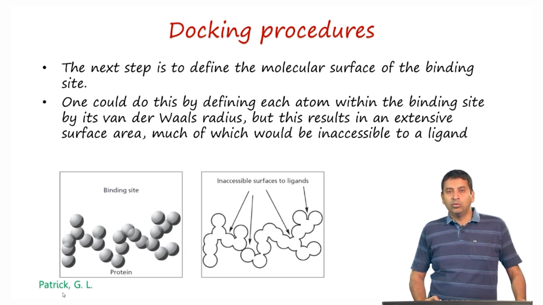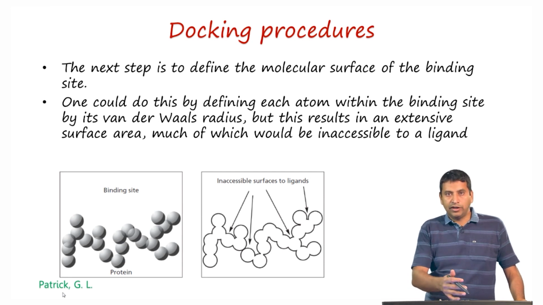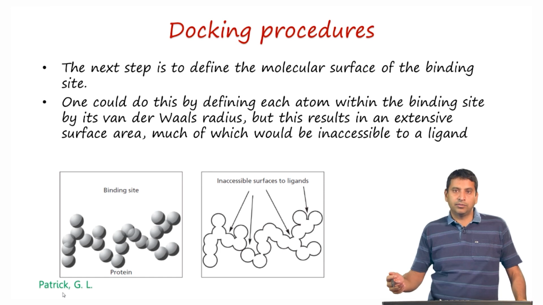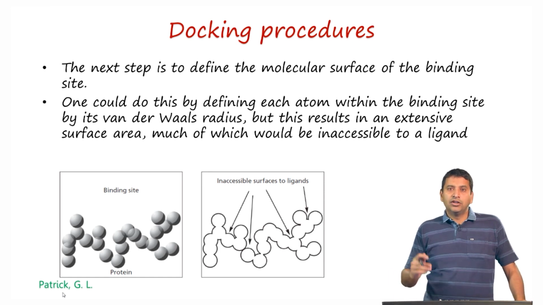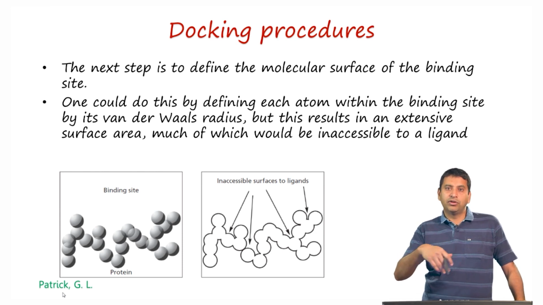Now, what we can do is to define the molecular surface of the binding site. We can do this by defining the surface of the various side chains that are involved in the protein. Each atom has a van der Waals radius, and this van der Waals radius can be used to define an extensive surface area.